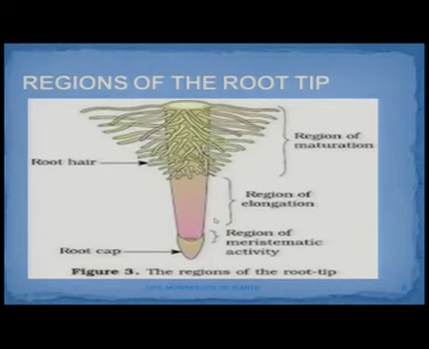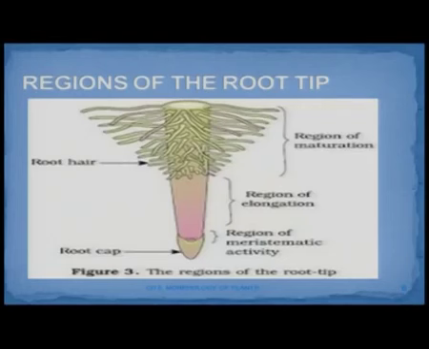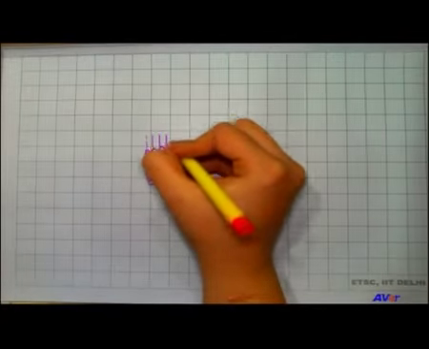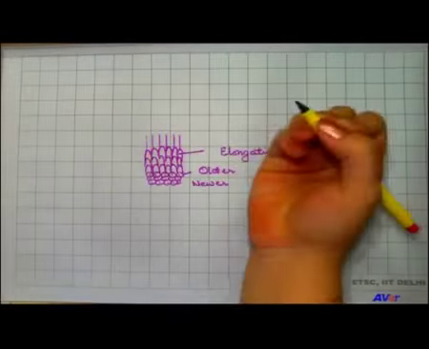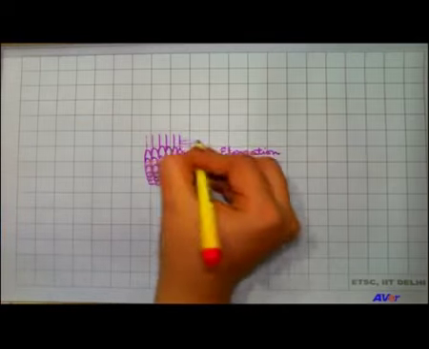Now, once the cells have elongated, they start maturing, and by maturation we mean differentiation. What is differentiation? Differentiation means acquisition of proper structure and function. So, when the cells have elongated properly, they start differentiating and acquire proper structure and function. Like the epidermal cells, they will produce root hairs.